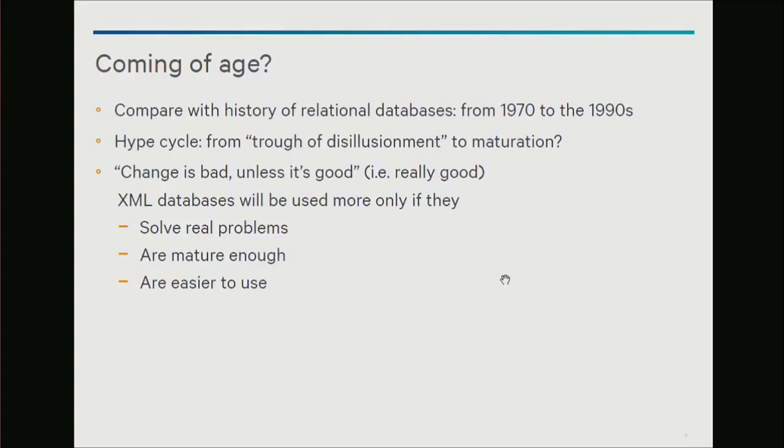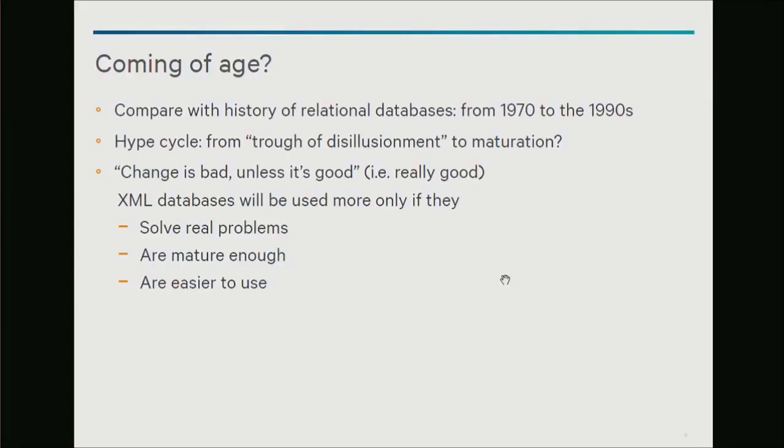There is this notion of the Gartner Hype Cycle, where you have a trough of disillusionment, which follows a peak of inflated expectations that we have maybe seen in the years 2000 for XML databases, and which is followed by a phase of maturation.